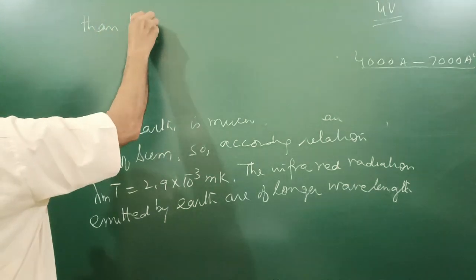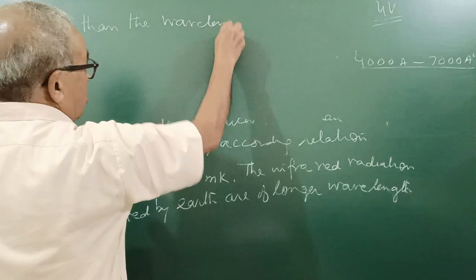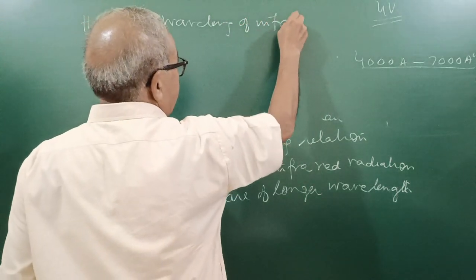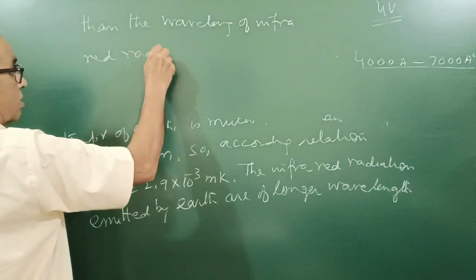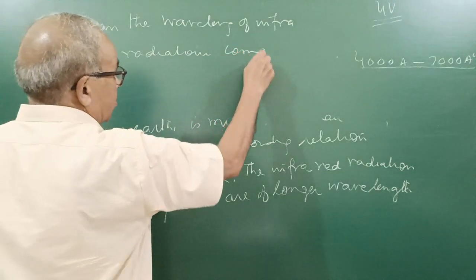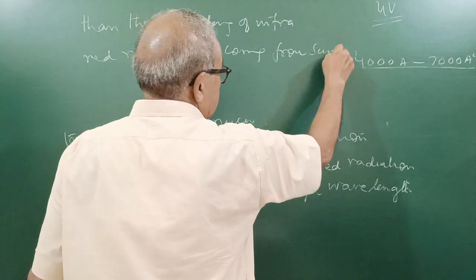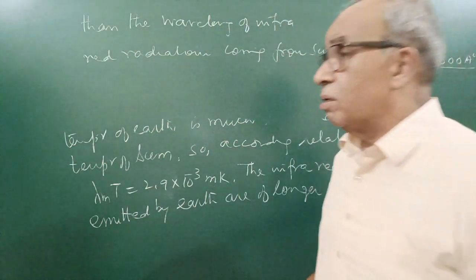The wavelength of infrared radiation coming from the Sun is shorter. The radiation emitted by the Earth has longer wavelength.